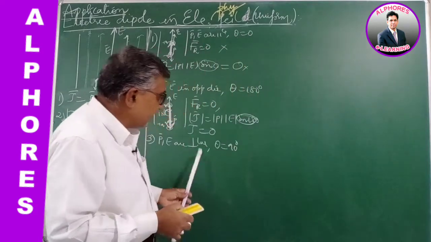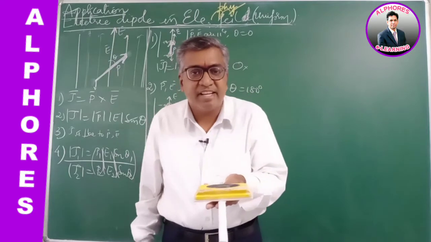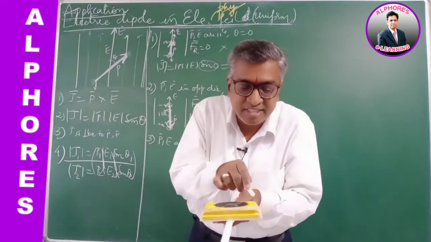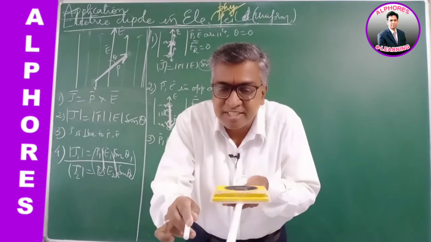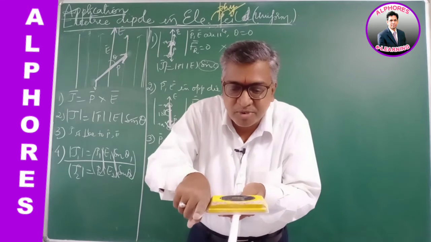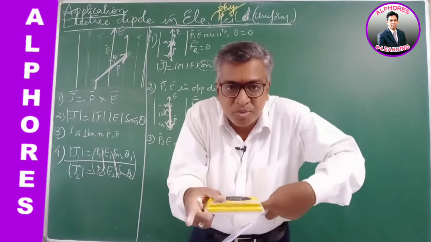Case 3, theta 90. The dipole is suspended perpendicular to the field, with a positive charge and a negative charge. The positive charge experiences a force here, and the negative charge experiences a force here, both equal and opposite.